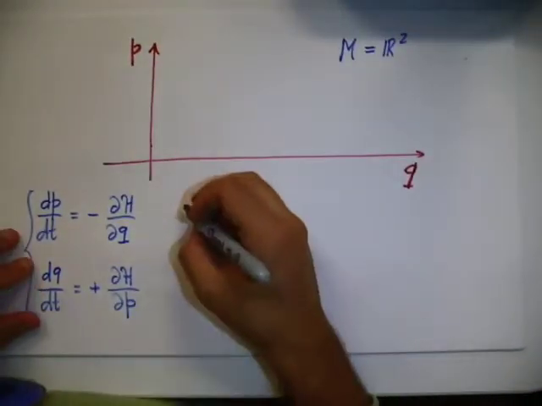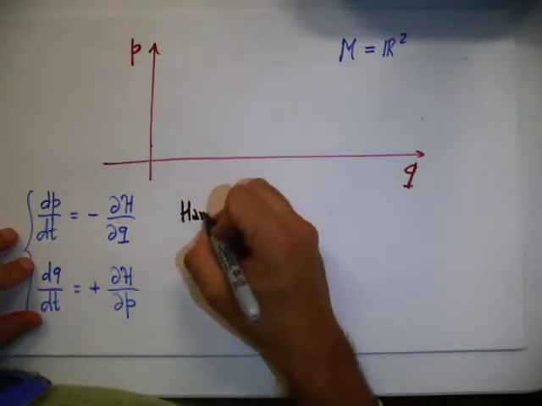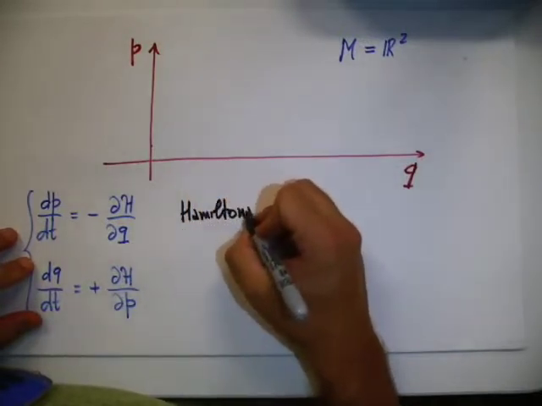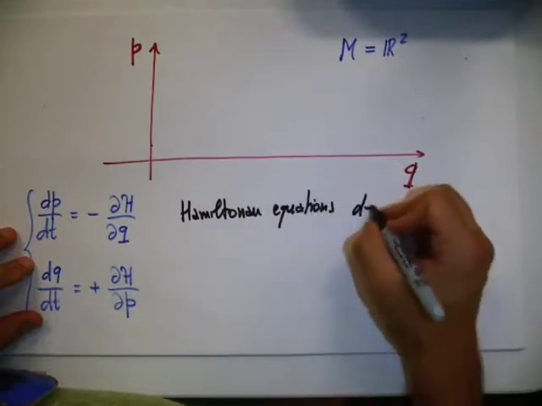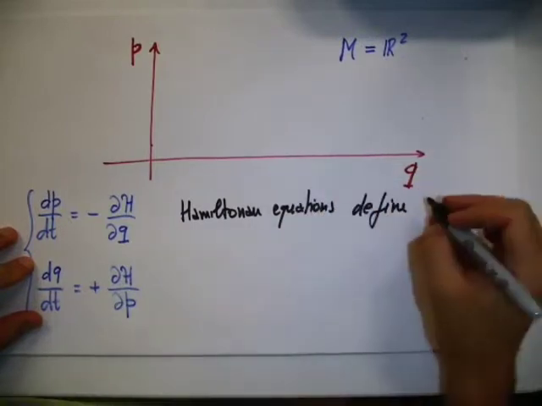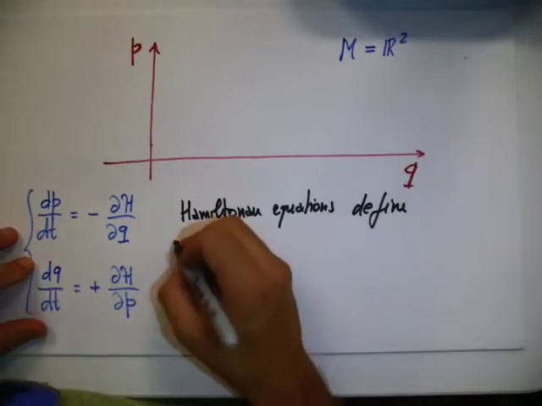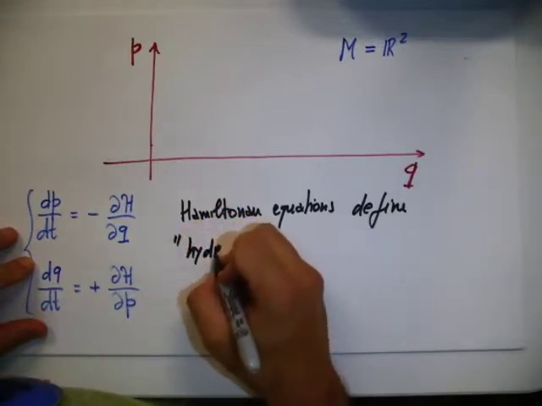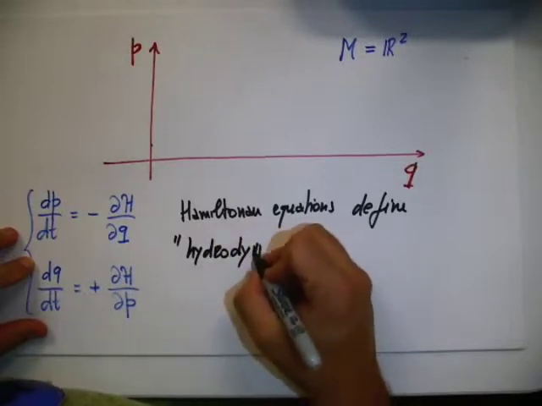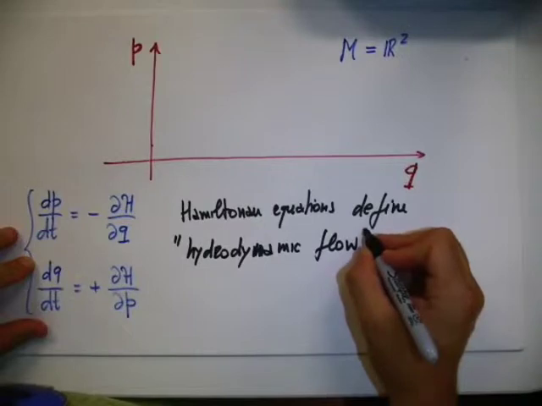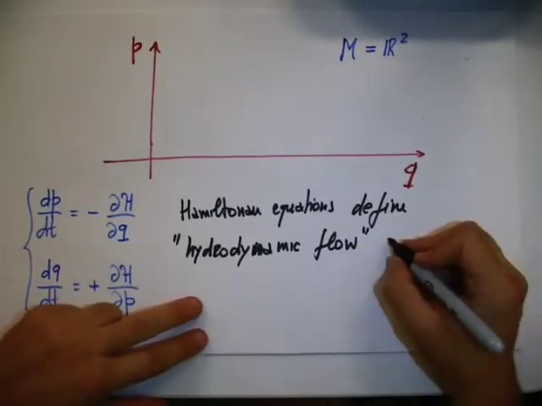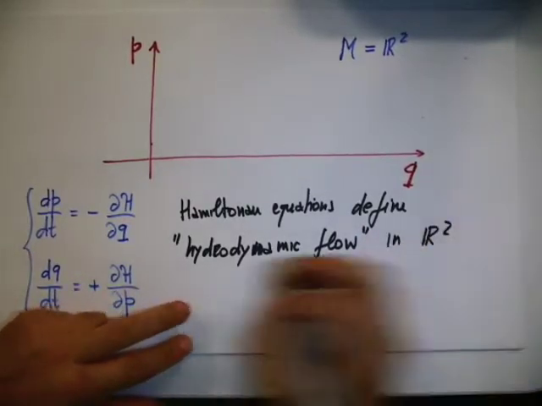So this Hamiltonian equation defines a hydrodynamic flow in R2.